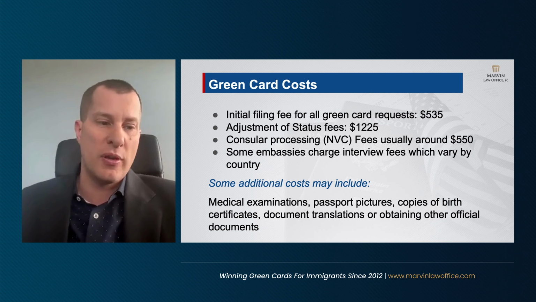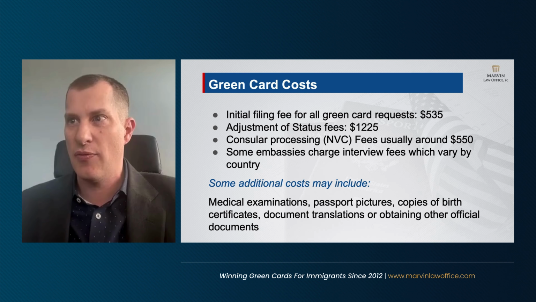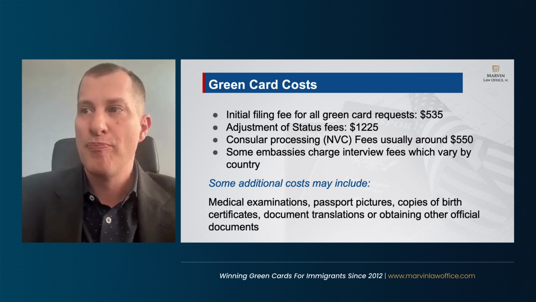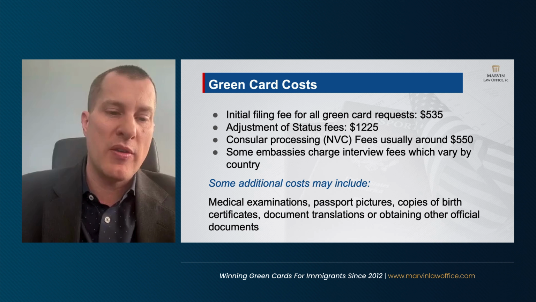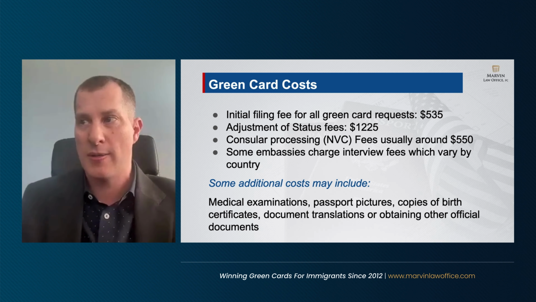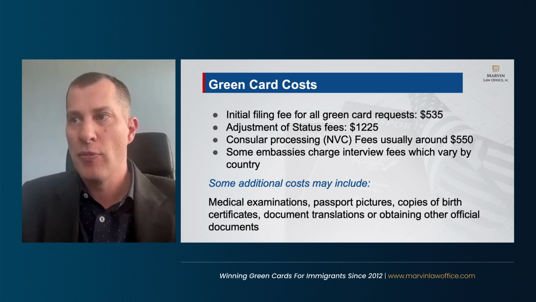And the filing fee for that is $535, okay? That's the current filing fee. If you're allowed to do your process inside the United States, then you have the filing fees for the adjustment of status process or the green card request. And that's currently $1,225, okay?